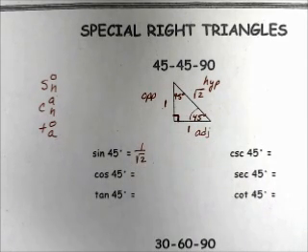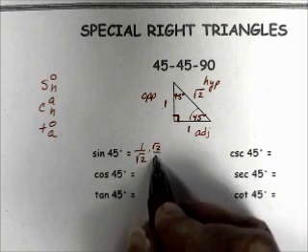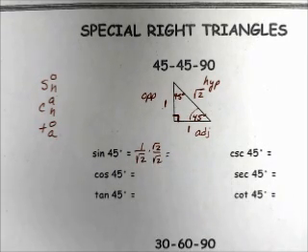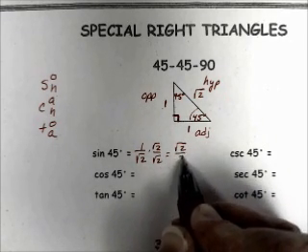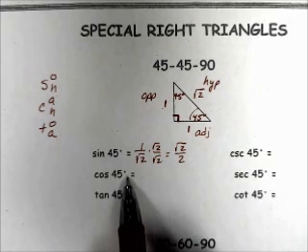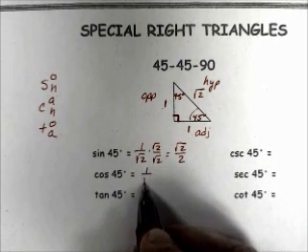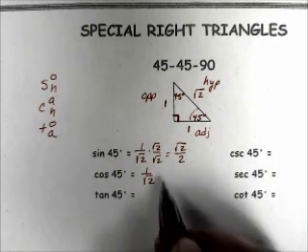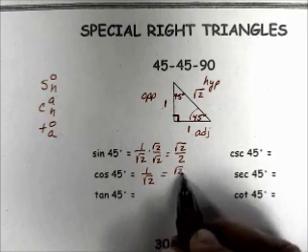Now let's rationalize that denominator by multiplying by 1 in the form of square root of 2 over square root of 2. And the result is the square root of 2 over 2. So the sine of 45 degrees is square root of 2 over 2. The cosine of 45 would be adjacent over hypotenuse. That would be 1 over the square root of 2 also, which, rationalizing the denominator, would result in the square root of 2 over 2.